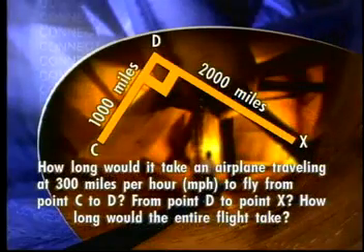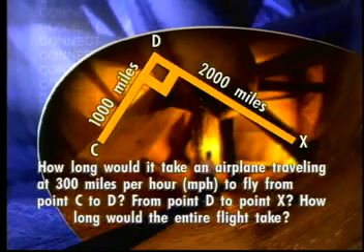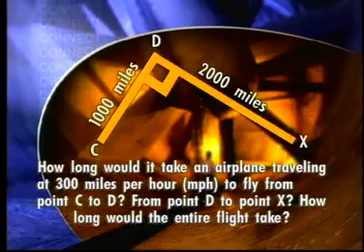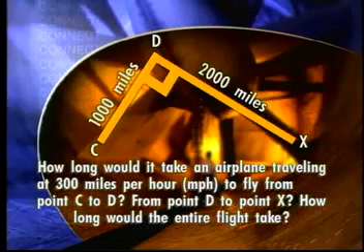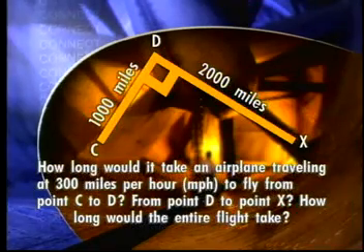How long would it take an airplane traveling at 300 miles per hour to fly from point C to point D? From point D to point X? How long would the entire flight take?